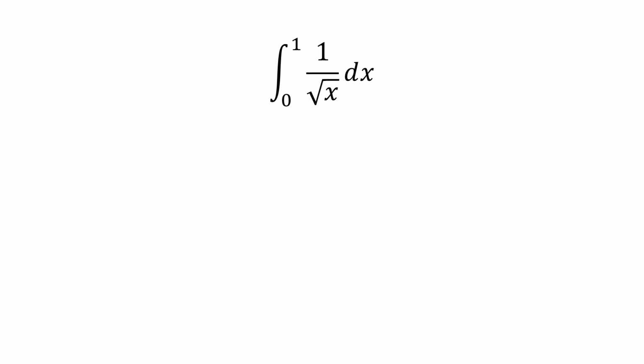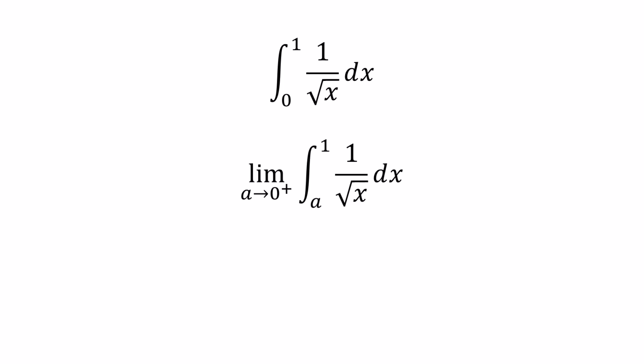We begin by evaluating the integral from 0 to 1 of 1 over root x dx. Rewriting as a limit gives the limit as a approaches 0 plus of the integral from a to 1 of 1 over root x dx.